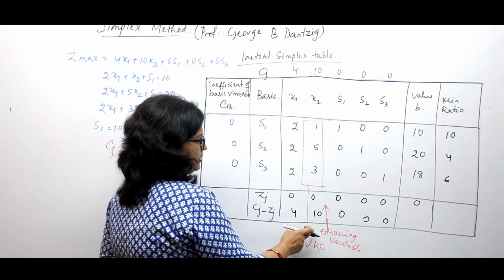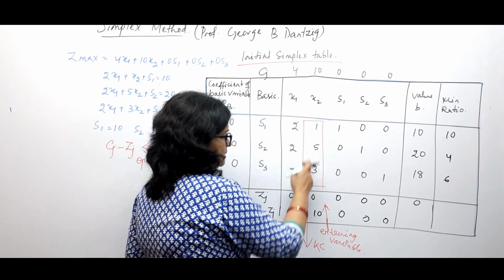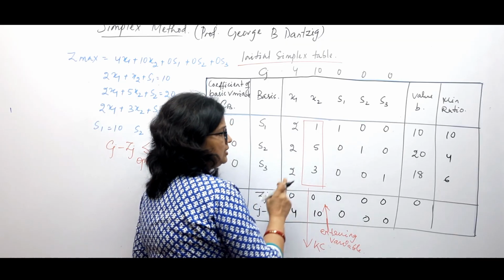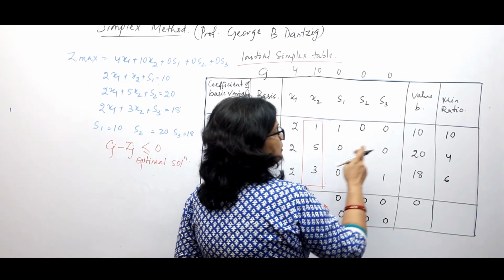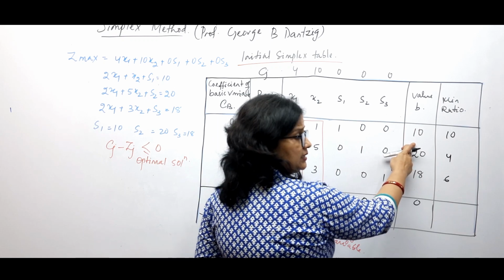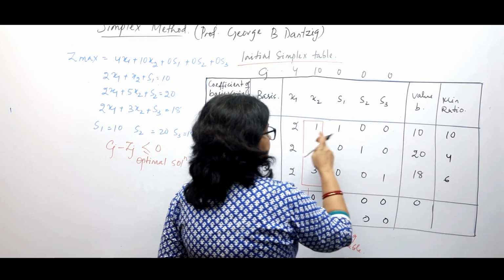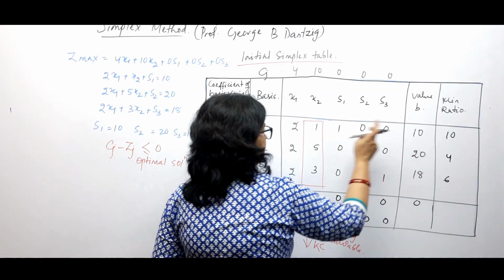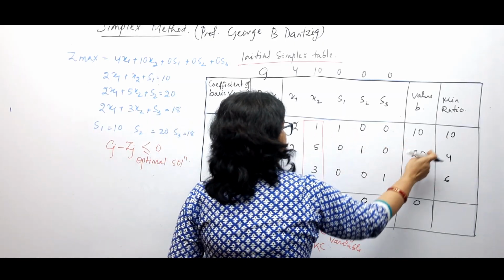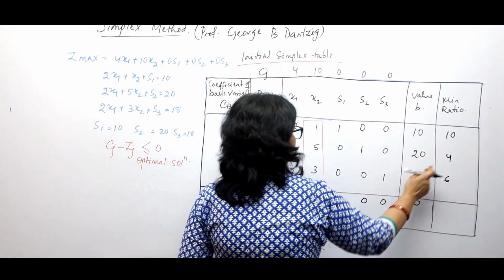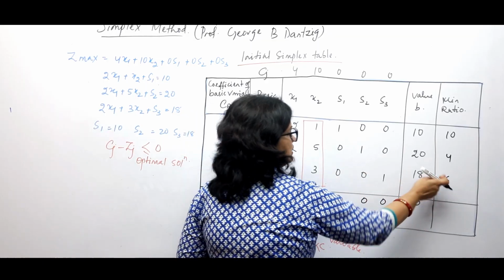So this is our entering variable, and this column is called the key column.